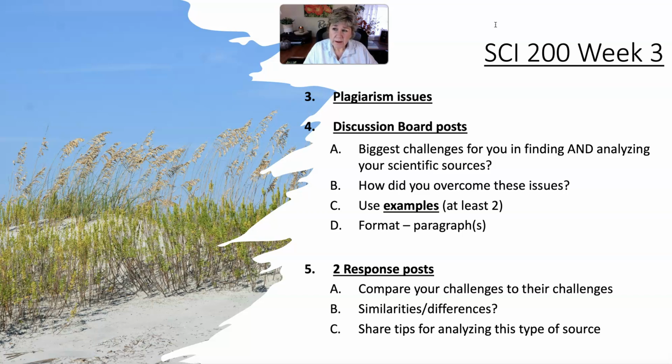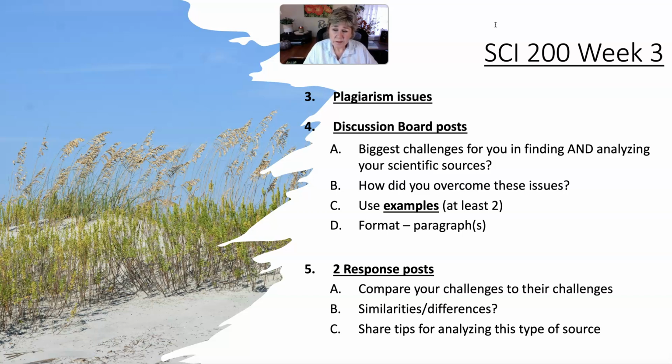So the jargon, how do you understand that? How do you understand even the simple terminology? You're going to have to look up terminology. How do you understand the statistics? Sometimes that's very difficult. Remember to always look at that abstract, because they will give you the gist of what you need for your information.